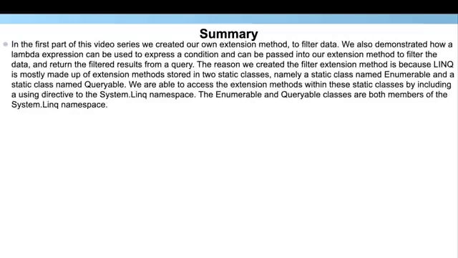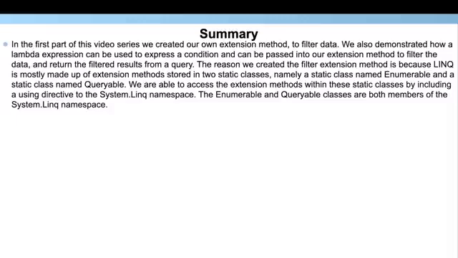So let's summarize what we have learned in our 4-part series on using the LINQ technology in C#. In the first part of this video series, we created our own extension method to filter data. We also demonstrated how a lambda expression can be used to express a condition that can be passed into our extension method to filter the data and return the filtered results from a query.